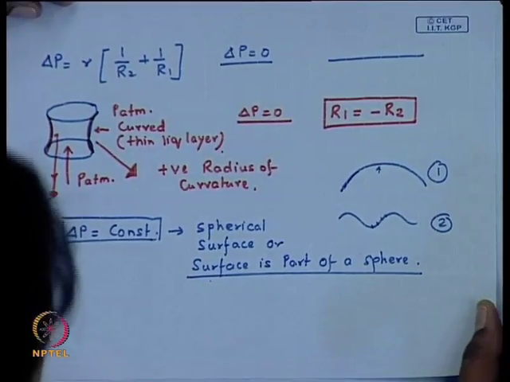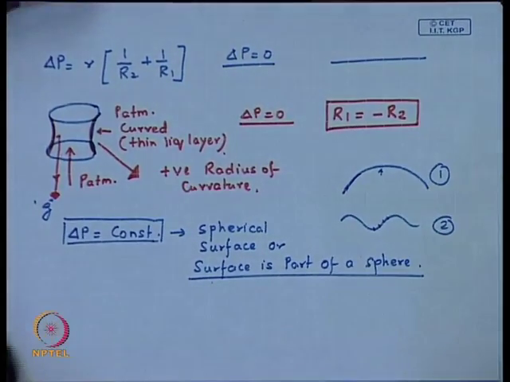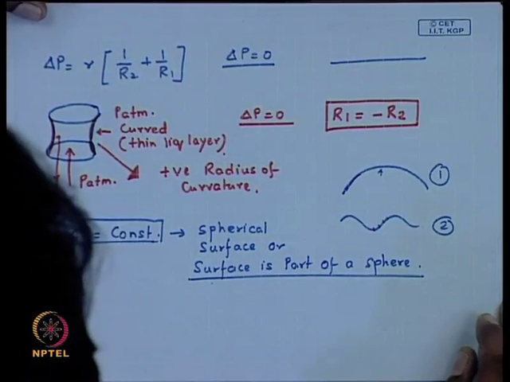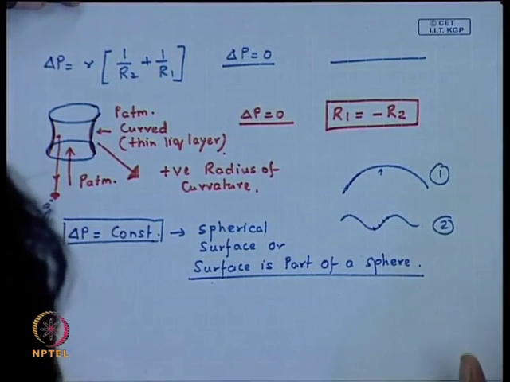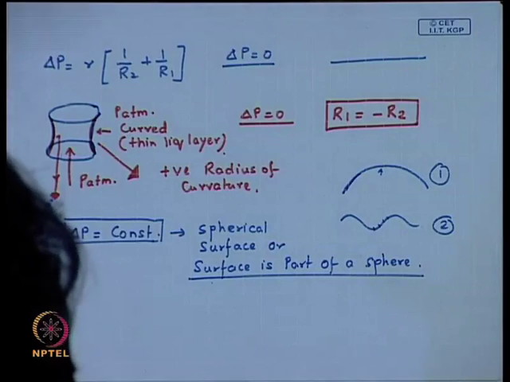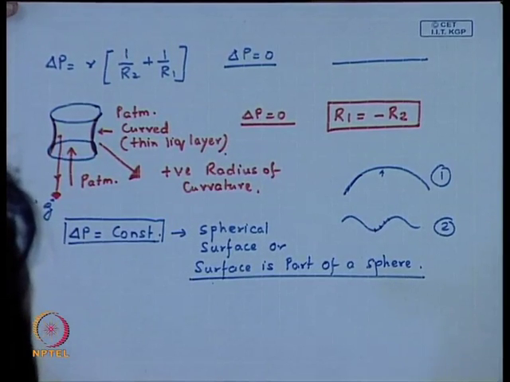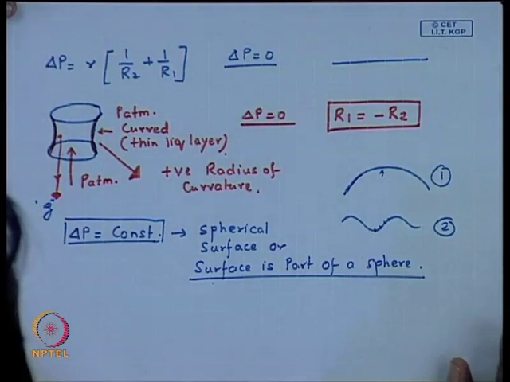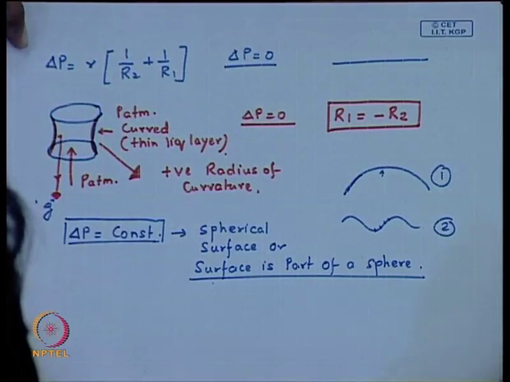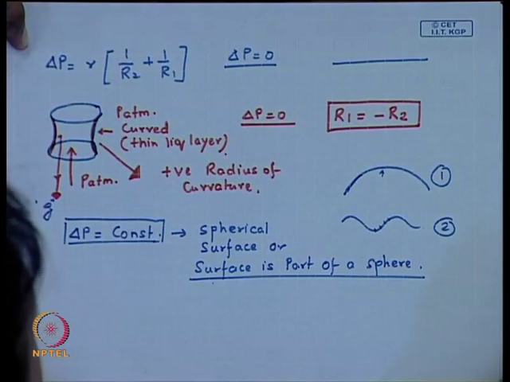So, these are two special settings, not exactly simple examples, the corresponding consequences of the Young-Laplace equation. One specific example we took up was if delta p is equal to 0.